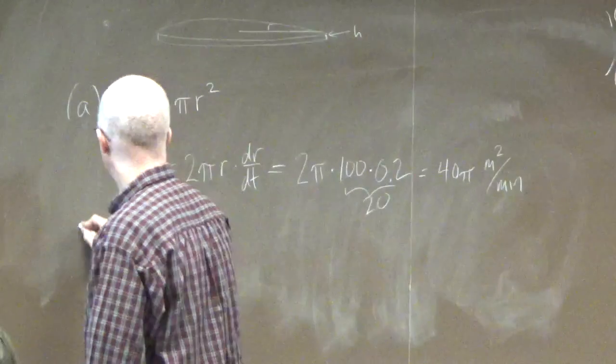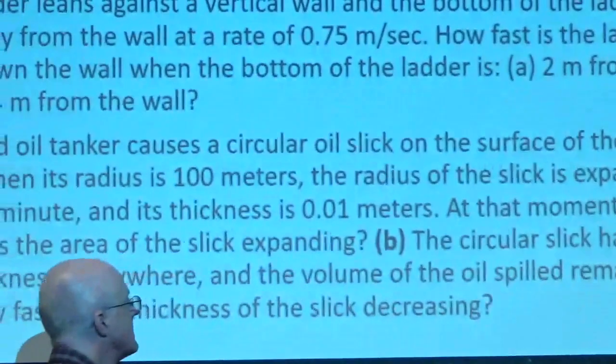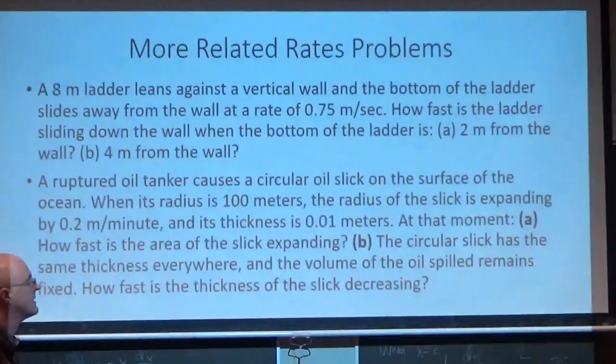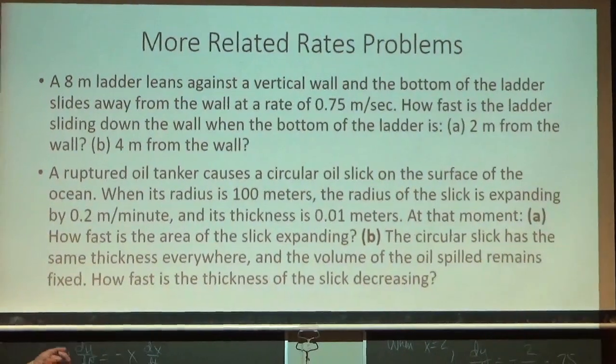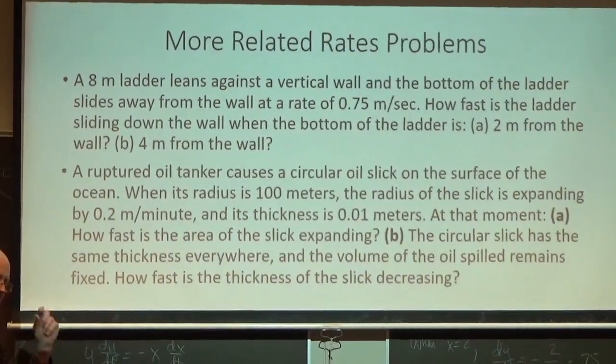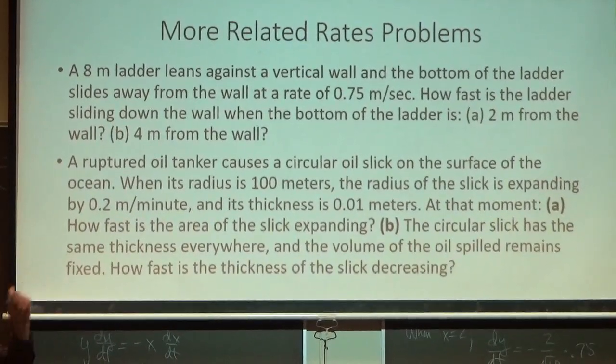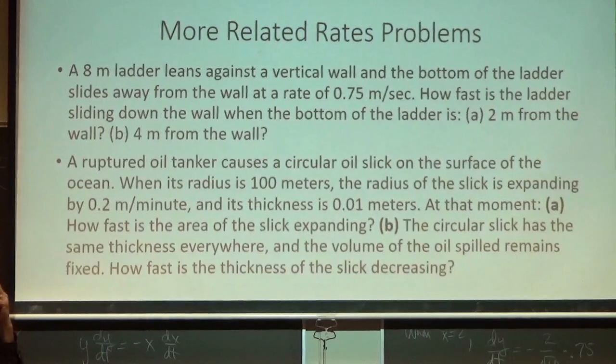In part B, we're essentially pretending all the oil has come out. So it's got a fixed volume. It does keep expanding, but because it's the same amount of oil, that means the thickness has to be shrinking, if it's truly going to be like a thin cylinder in shape.